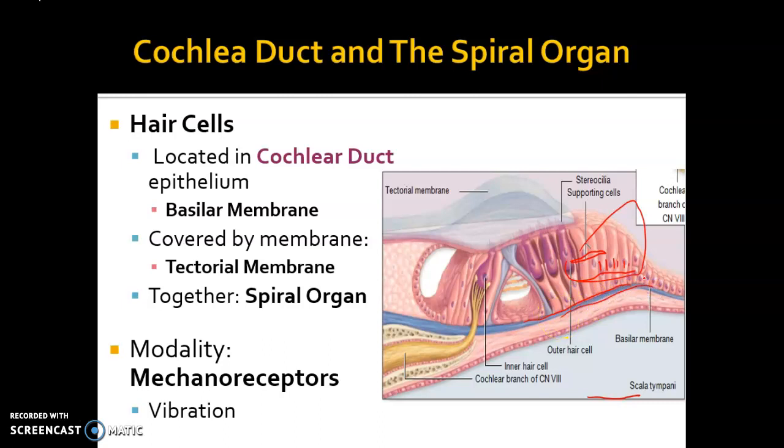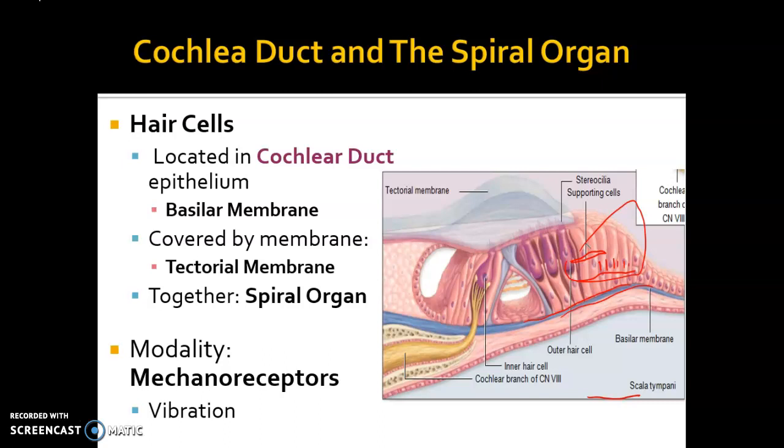Sitting on top of the basilar membrane, we do see the hair cells and the supporting cells. And on top of the hair cells, you have the tectorial membrane, which is a white jello-like material. If you look carefully, the hair cells can reach the tectorial membrane, and when they push against the tectorial membrane, the hair cells can bend.